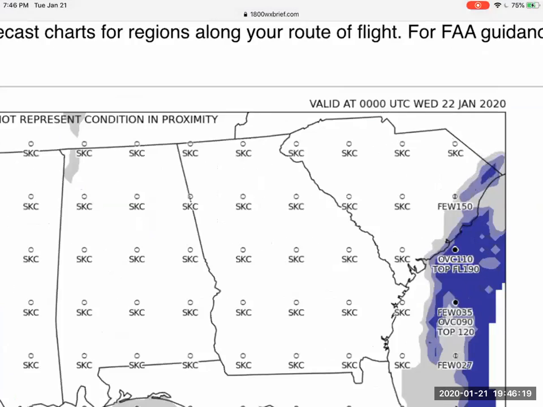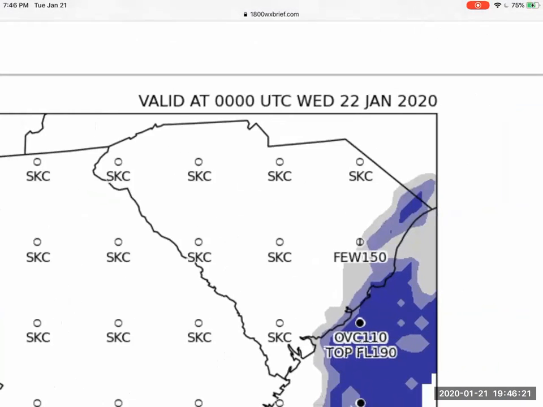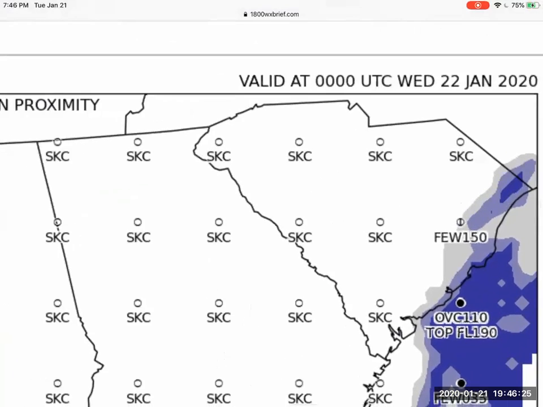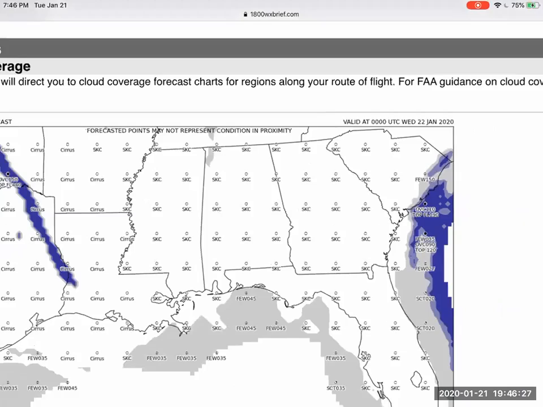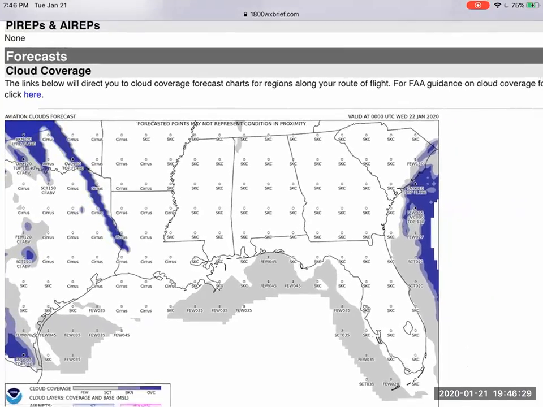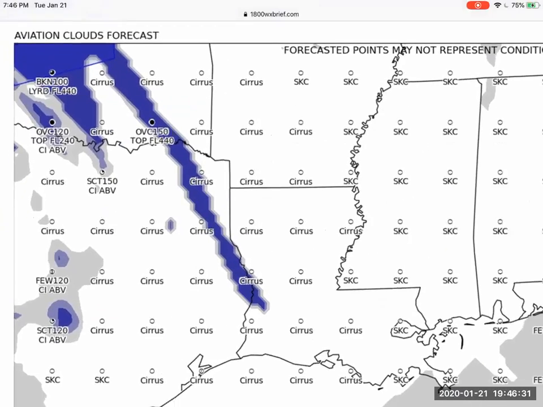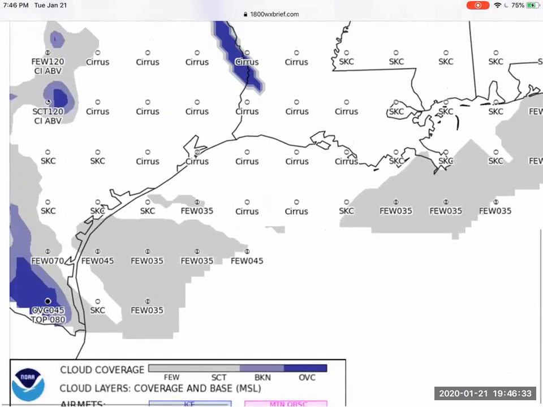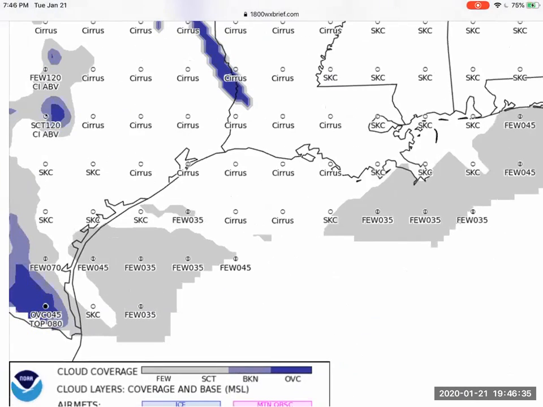This one specifically we can see is valid at 0000 Zulu, so -5 for us would be 7 p.m., or -6 would be 6 p.m. in Central Standard Time. We can see that, of course, there's a shaded area, and then they give us a legend at the bottom. In this case, if we've got gray areas, then it's a few or scattered layer.